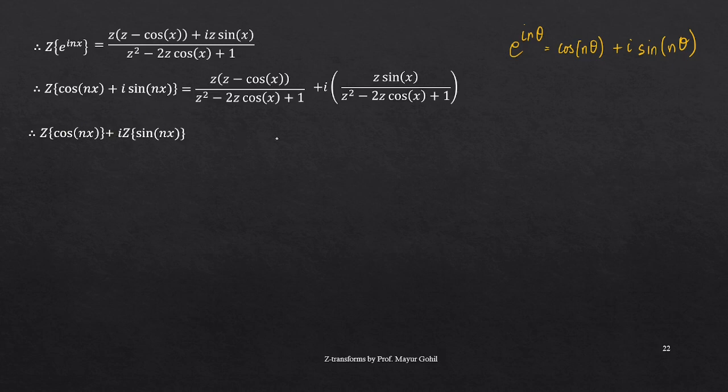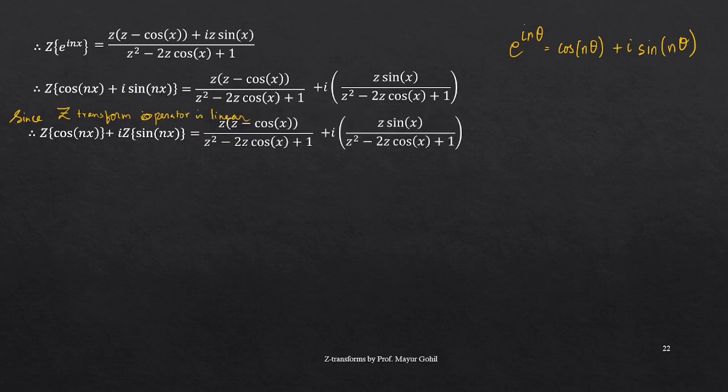This property has a very significant name that we have seen in our second or third video lecture, in which the definition of the Z transform was dealt along with its property known as Z transform is a linear operator. So, the Z transform operator is linear. Having said that, we have this in the LHS and this is the RHS that we had.